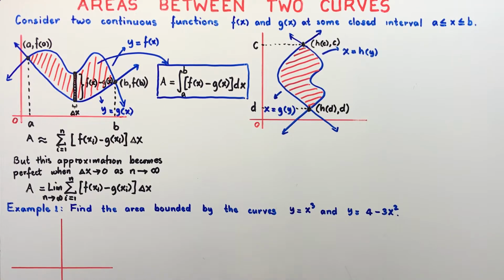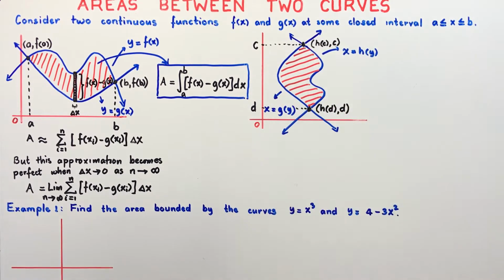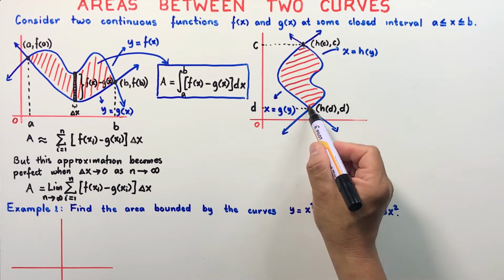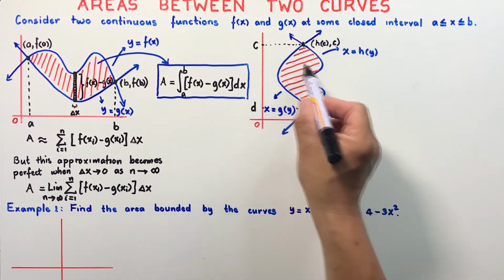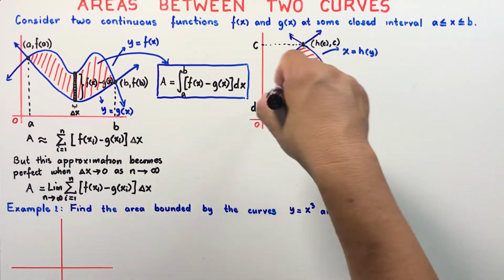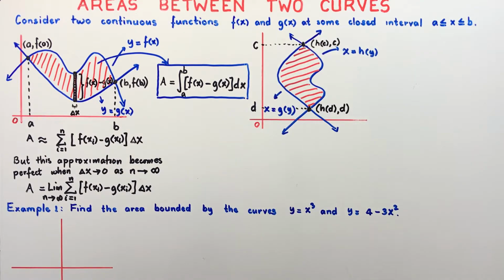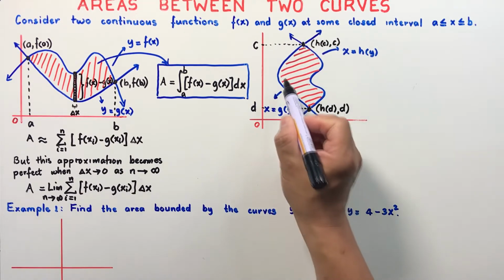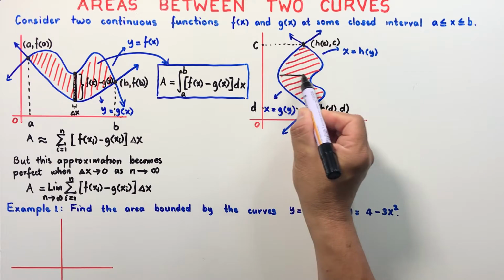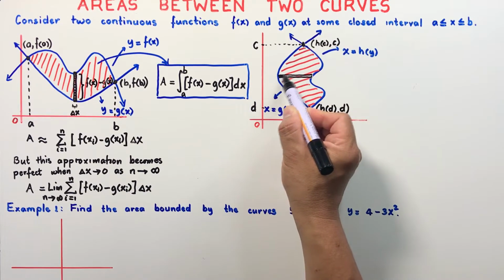And the idea is to slice this one horizontally, starting from d here to c. So we are slicing the y. So that's why our slice is in horizontal position. And suppose this is the representation of an arbitrary slice here.